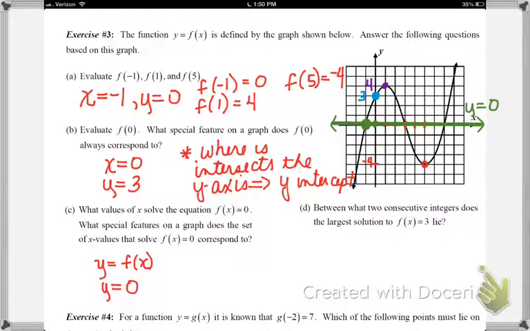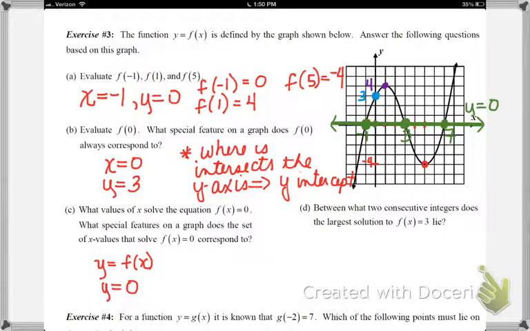We have that point there, and that corresponds to the value x equals -1. That point there corresponds to x equals 3. And that point there too, if that's 3, 4, 5, 6, that would be 7. Let me just bring that -1 a little closer so you can see.